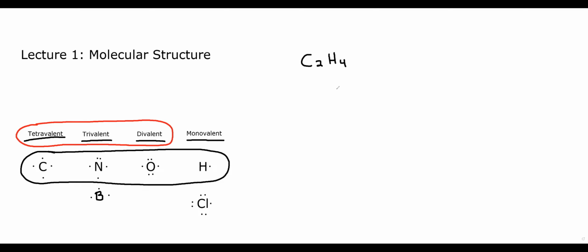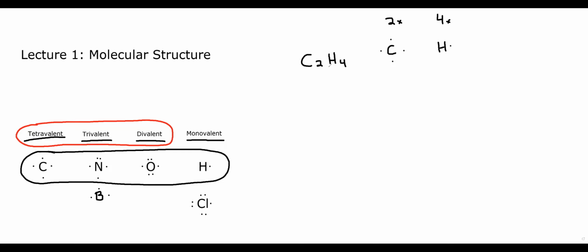So how do we draw a molecular structure from the molecular formula C2H4? I always like to start by thinking about the building blocks that you have. We have two carbons and we have 4 hydrogens. So we need to plug all these together to make a structure.